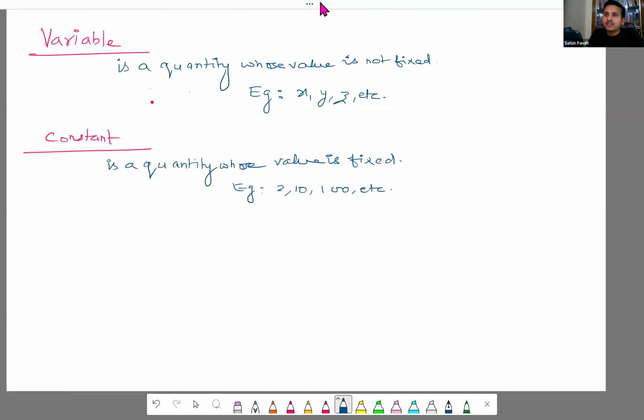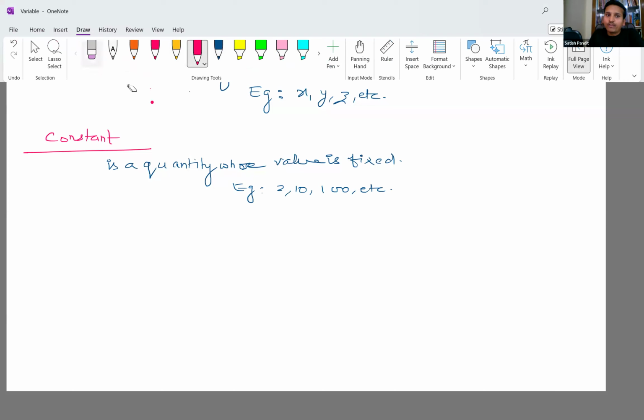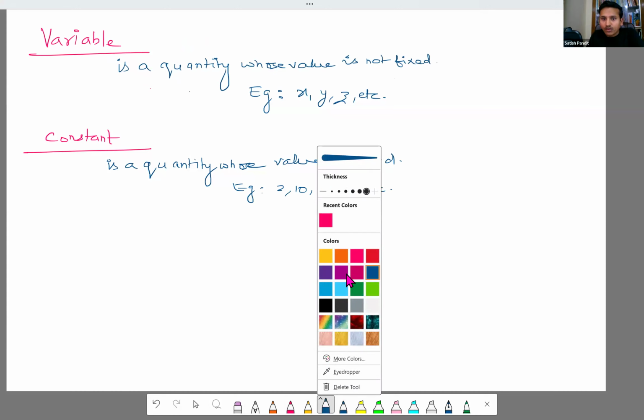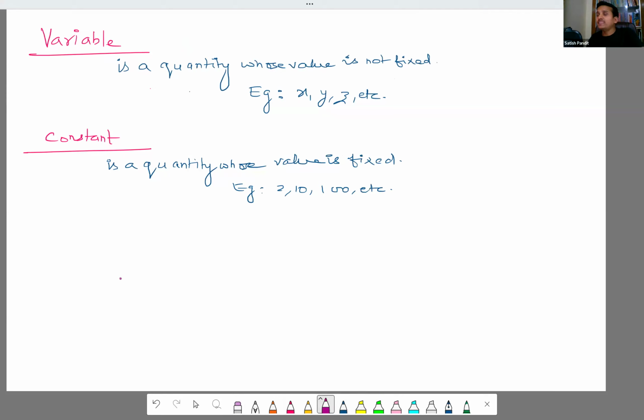Next, when we combine this variable and constant, when you combine them by basic arithmetic operations like plus, minus, multiply, divide, you are going to get something called an algebraic expression.